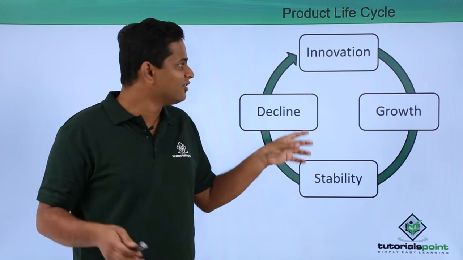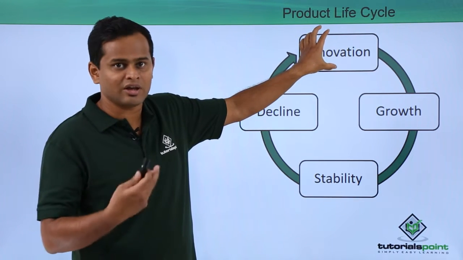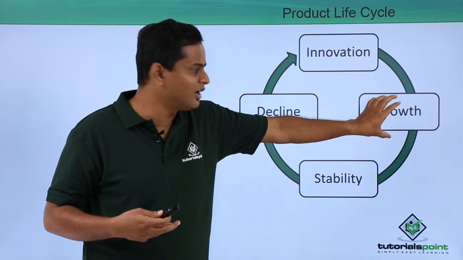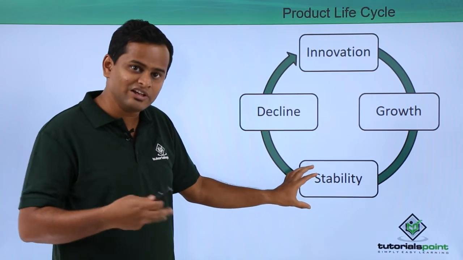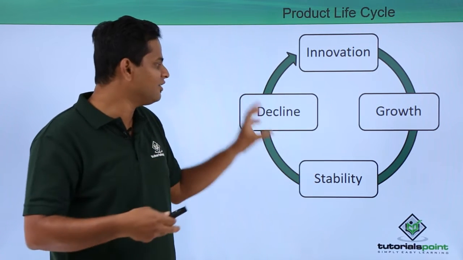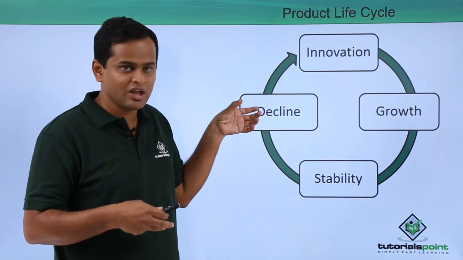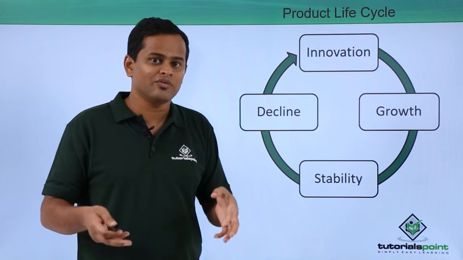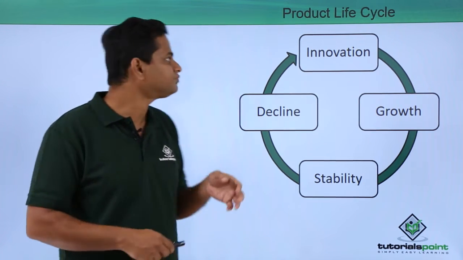Any particular product will have certain phases, like the innovation phase, the idea and where it is generated from, and then it will undergo a growth phase, then it will have a stability phase for certain time, and then finally every product has to undergo something called decline. All these things we need to concentrate on when we are talking about the period in the marketing mix.